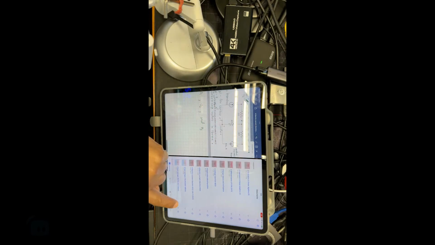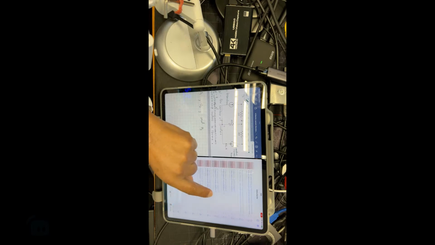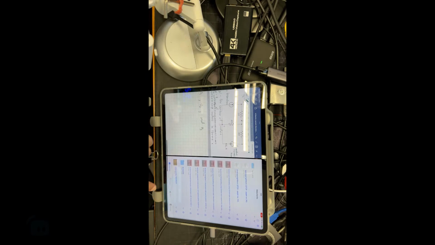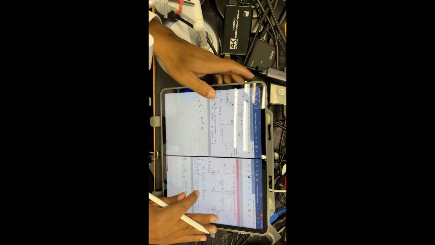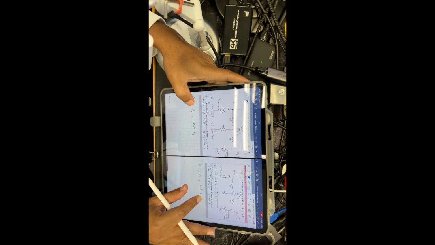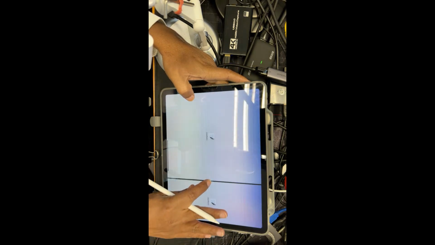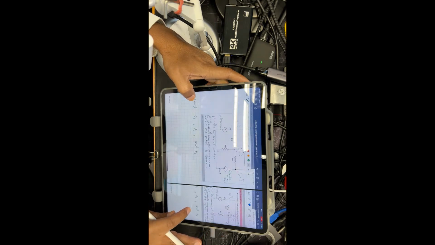For electric current. This one. All right. Here, let's draw the first node.